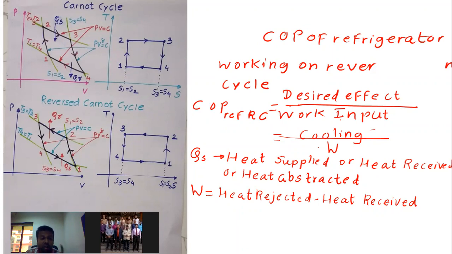When we talk about the engine, it is heat received minus heat rejected, because out of the heat it receives, the engine rejects some amount of heat. But this is not the case in the refrigerator. In the refrigerator, more heat is rejected as compared to the heat received. So I have written the reverse formula.